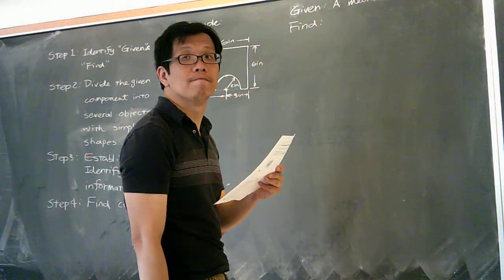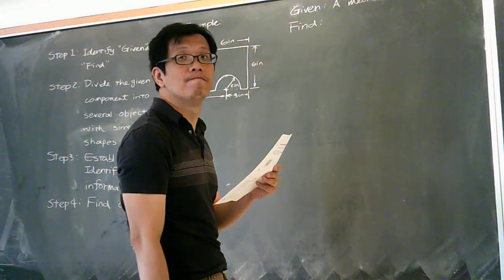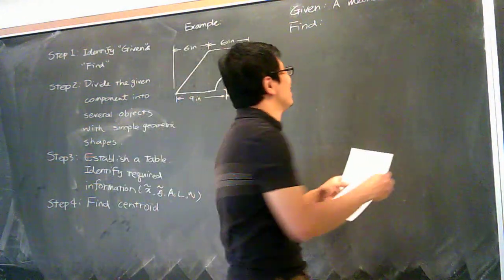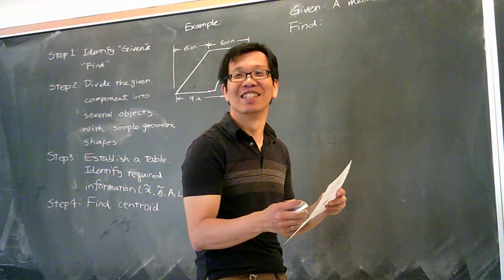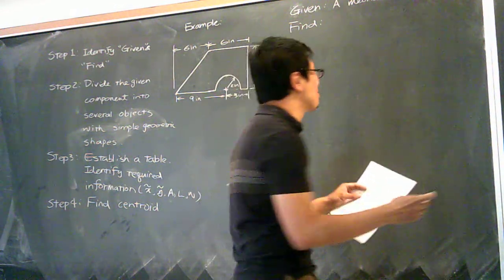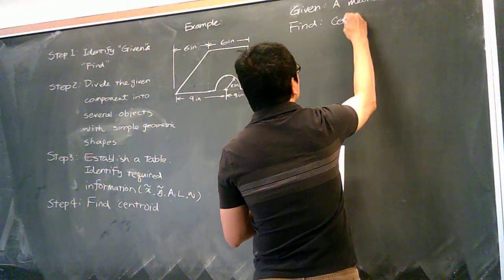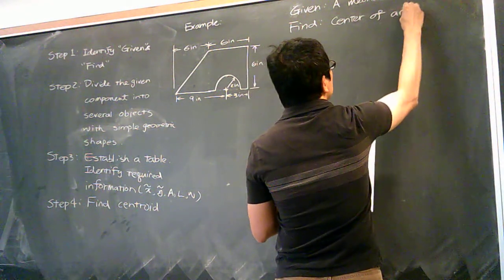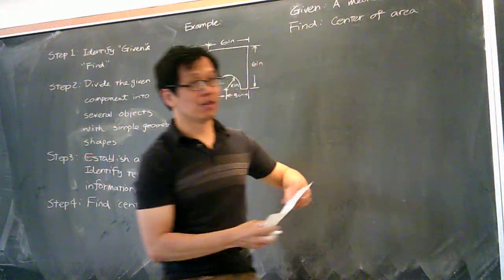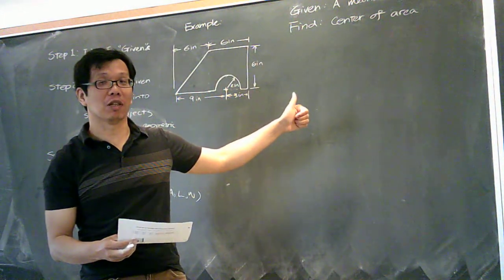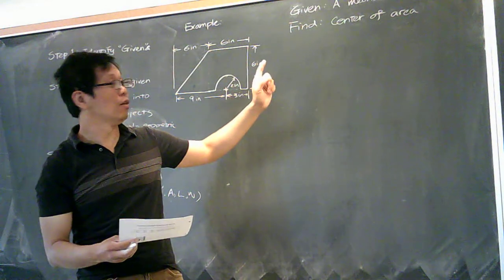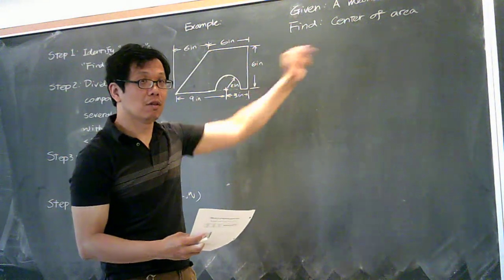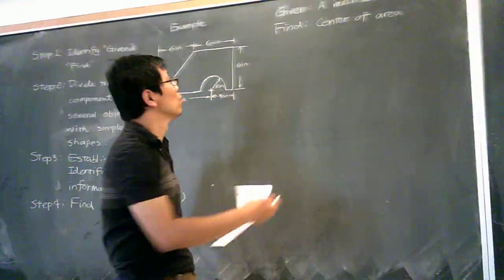What am I trying to find? No, none of you have. Centroid. Yeah, it's centroid. Centroid what? None of you have notes. In center, area. This is important because I'm not talking about weight, I'm not talking about line, I'm talking about area. So when you put the table together, this is important information you would need to know.